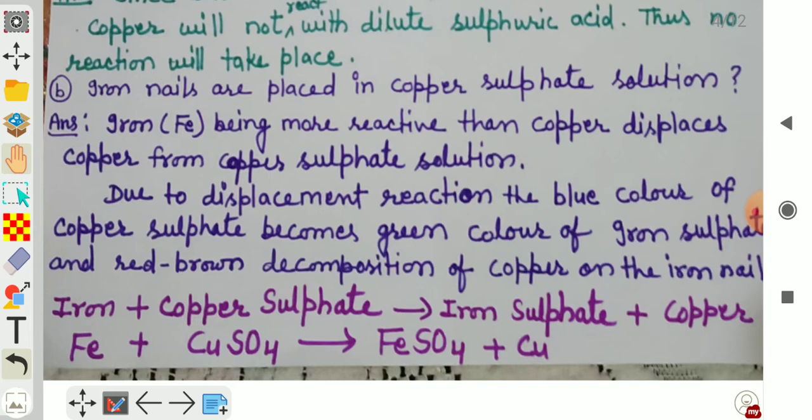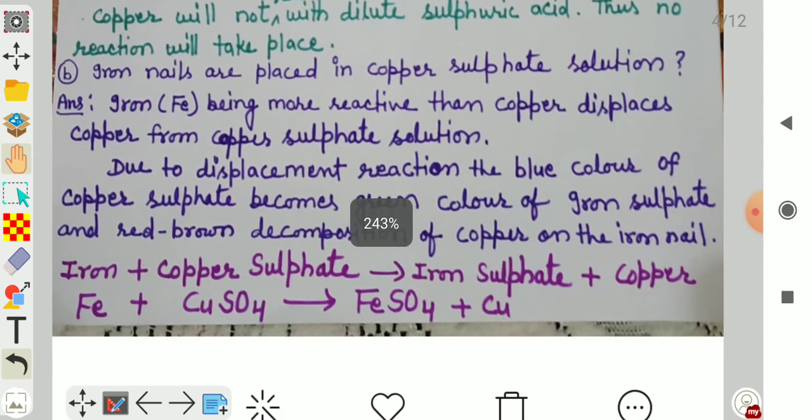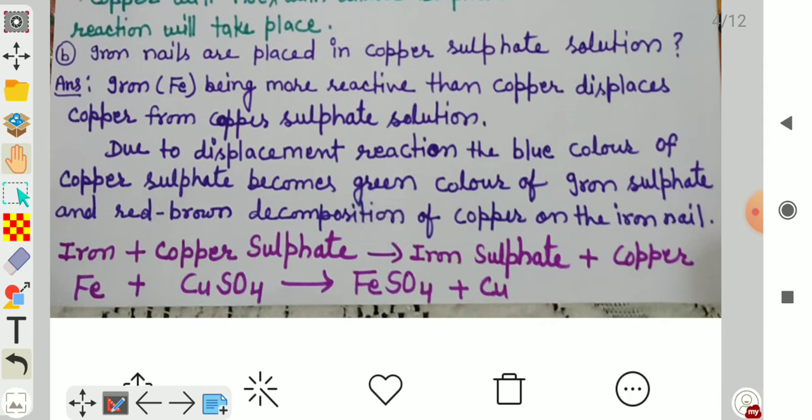Due to the displacement reaction, the blue color of copper sulfate becomes the green color of iron sulfate, and also red-brown deposition of copper forms on the iron nail. Word equation is iron plus copper sulfate is converted into iron sulfate and copper.